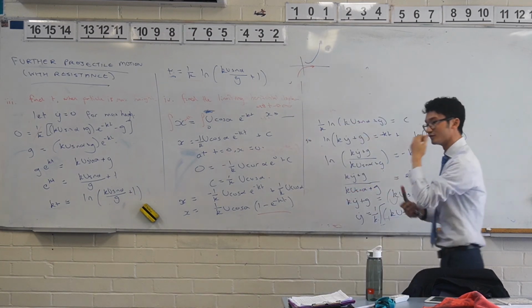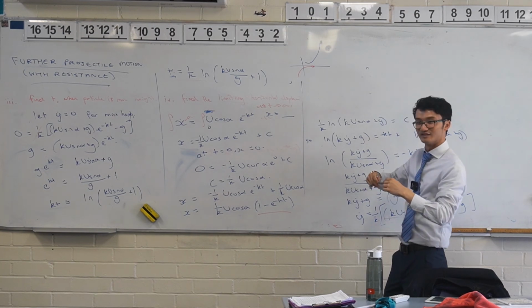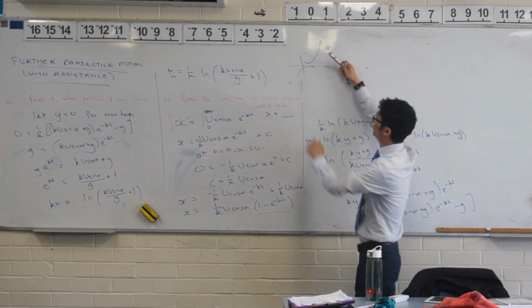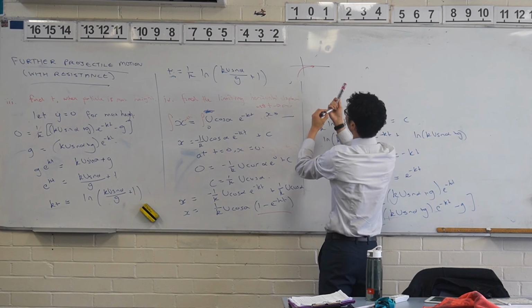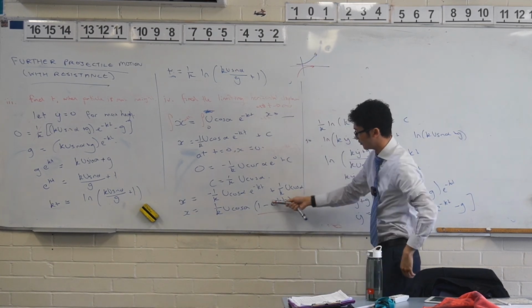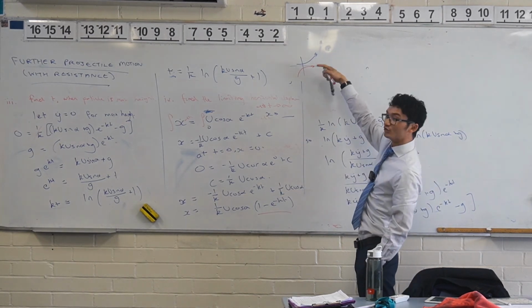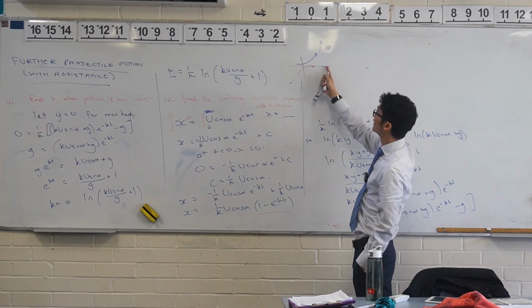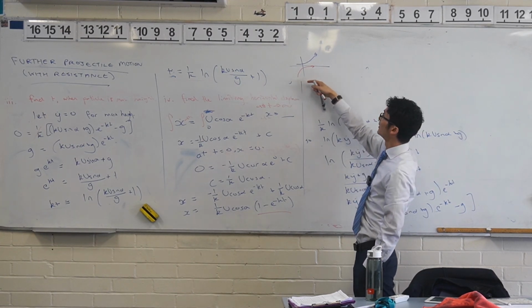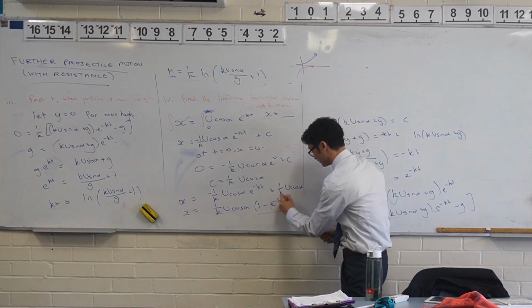So as t approaches infinity, what's this guy going to approach eventually? Usually you have your exponential looking like this, right? But you've got a negative in both respects. So you've got negative as a coefficient, you've got negative in the power. So you're going to be doing 2 reflections. You're reflecting in the x-axis and also the y-axis, right? And then so, yes, this is actually going to be approaching 0.